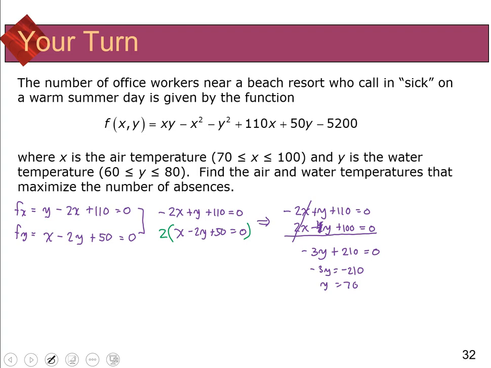If y equals 70, I go back to one of the originals. I'm just going to come back to this equation here. X minus 2 times 70, which is 140, plus 50 would equal 0, which means x minus 90 would equal 0. So x would equal 90. So we have a critical point that we've discovered: the air temperature being 90 and the water temperature being 70.